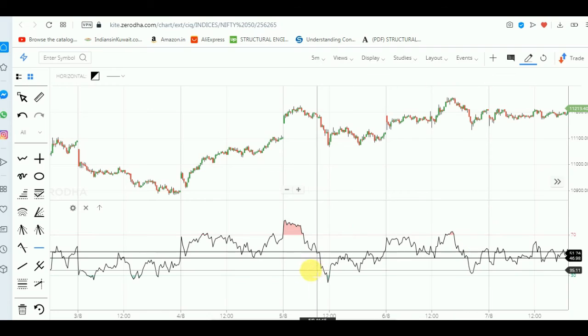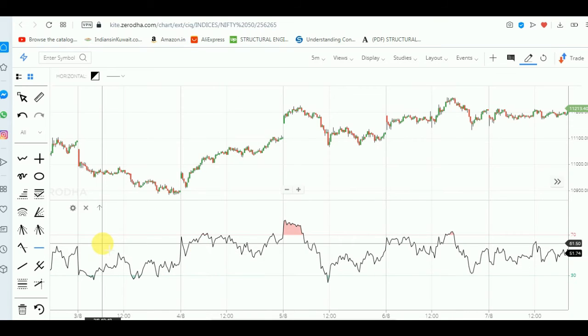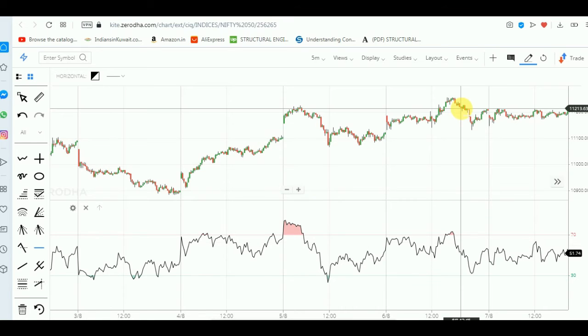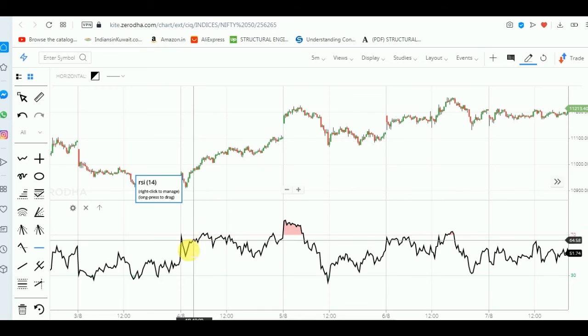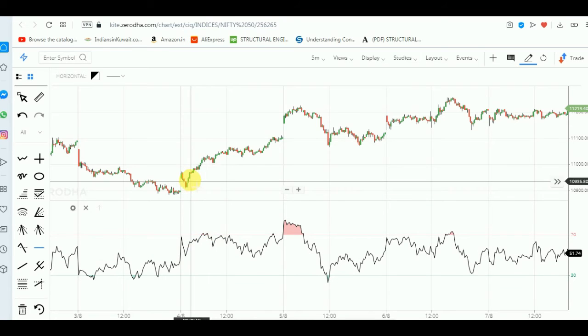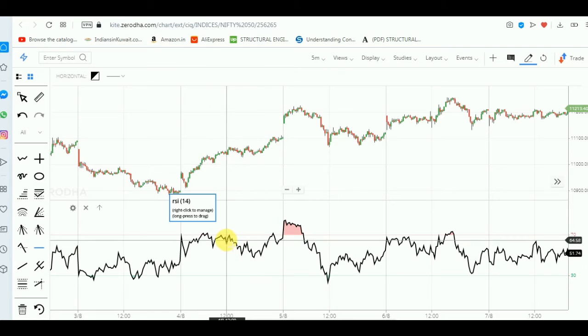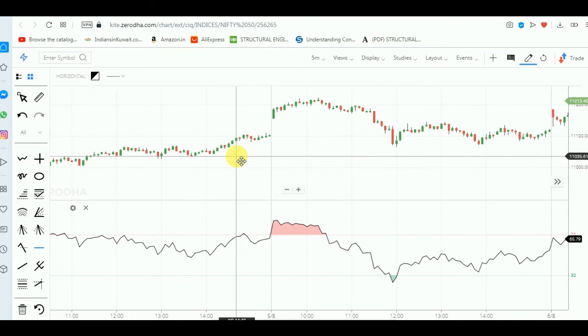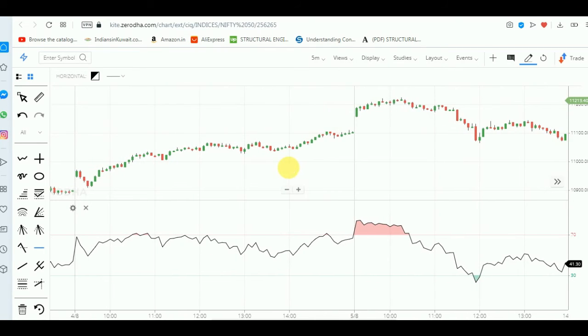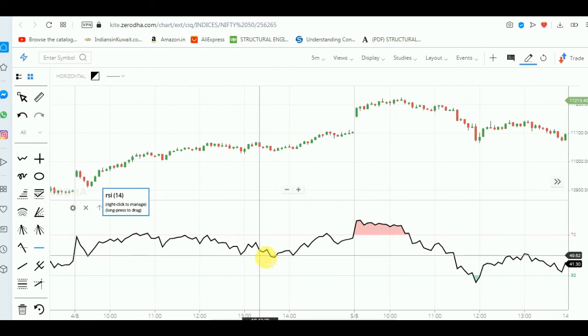And apart from this, it may also show a lot of false signals based on the movement. Even if you can see, from here to here it had already reached 70 levels. Yes, according to this movement it also moved, and again from here it slowly moved down, right? But here you can see it slowly moved till here.